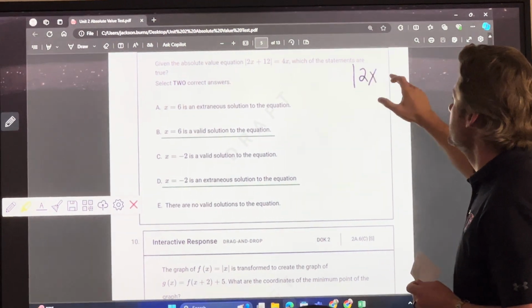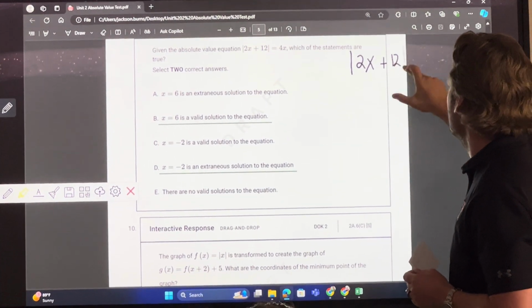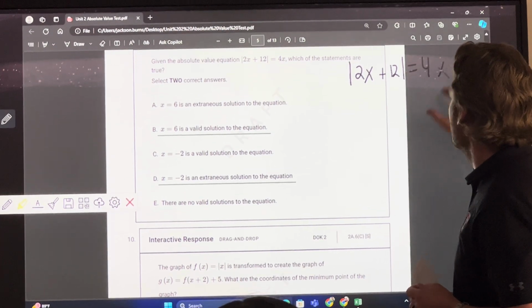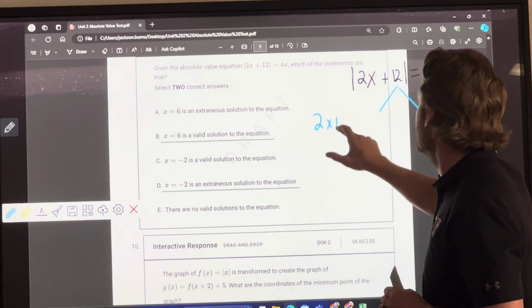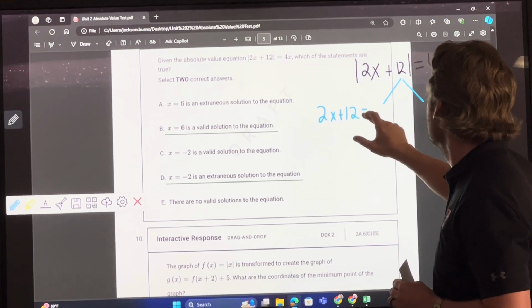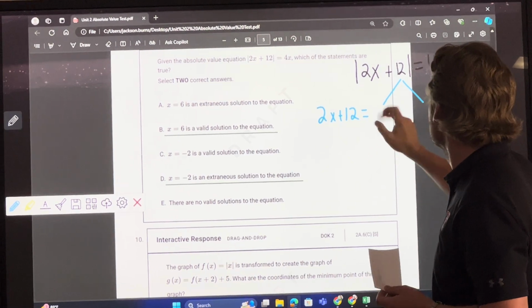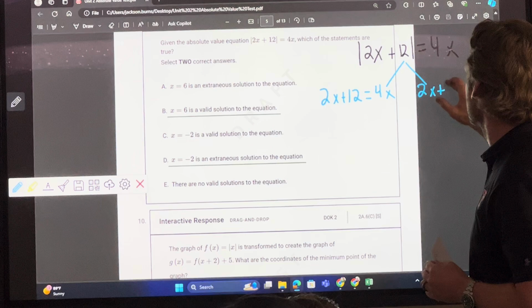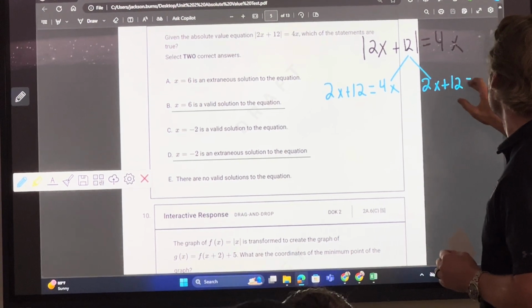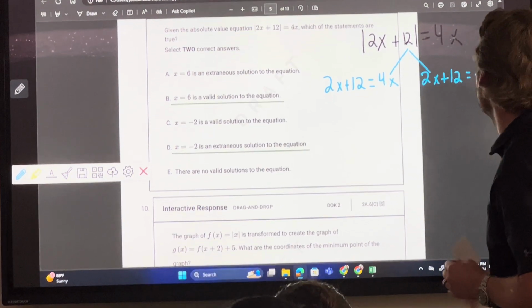So this one is already solved to the walls, so I can split in 2 right away. My equations are going to be 2x plus 12 equals my 4x, and 2x plus 12 equals my negative 4x.